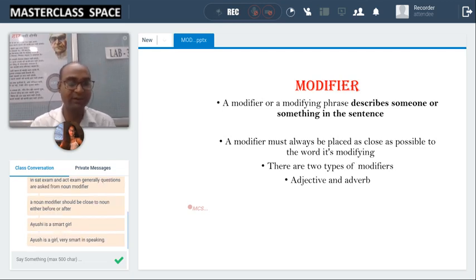So look here, after the comma, I have written very smart in speaking. So this is what? This is a description for a girl, right? So the side part next to girl is called a modifier. Okay. One more example.